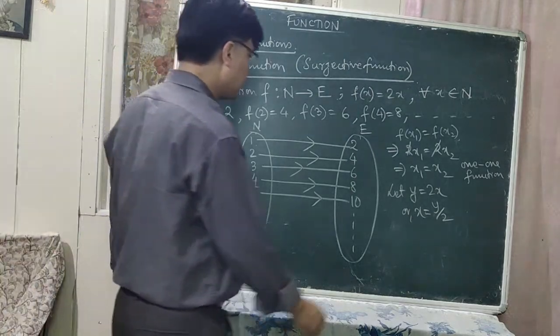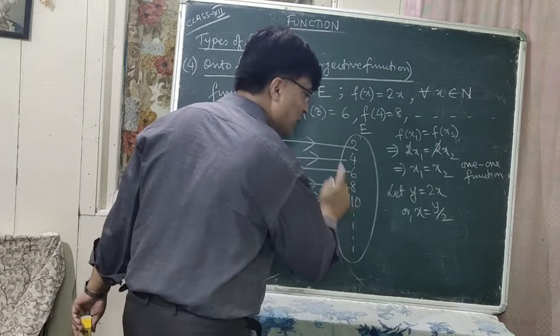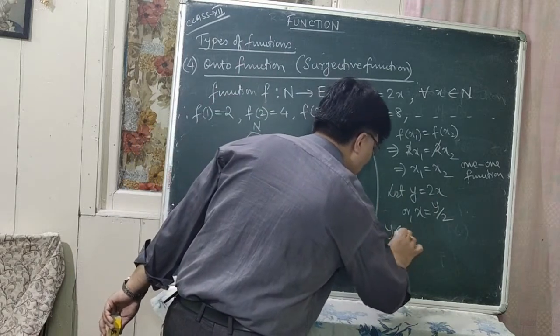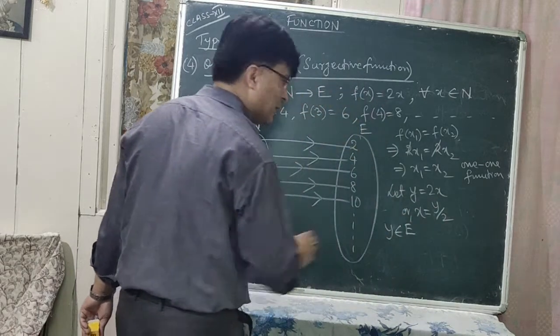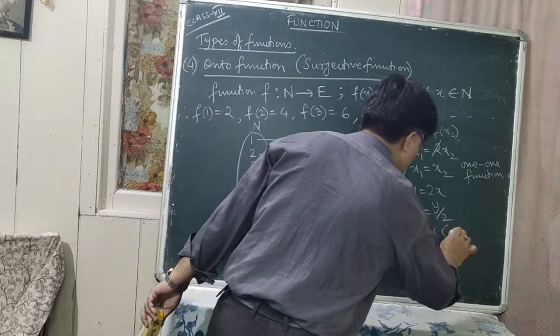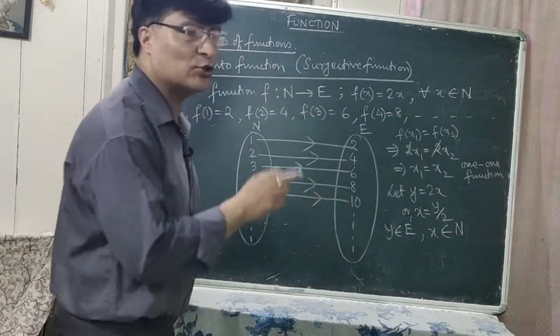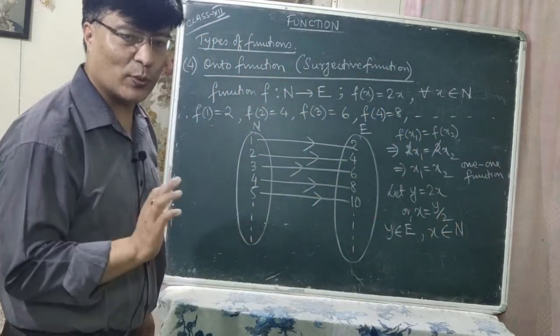Okay? Now this y belongs to E. So this y belongs to the set E. So x should belong to the set N, isn't it? Such that it should be f of x is equal to y.